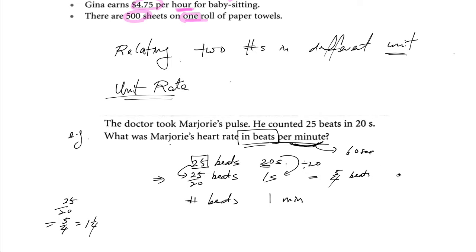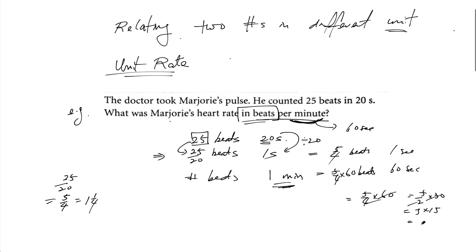Now I don't want it in 1 second though. I actually want it in 60 seconds. That's what 1 minute is equal to. So let's increase that by 60, which means I have to times this by 60. So 5 over 4 times 60. If you divide the top and bottom here by 2, you get 5 over 2 times 30. By 2 again, you get 5 times 15, which is 50 plus 25, it's 75.